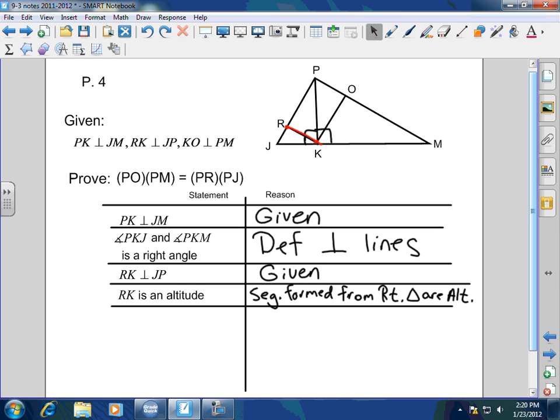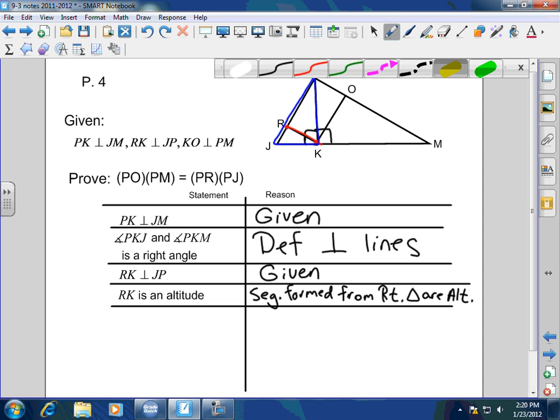Think about this. Look at this whole triangle here. Thank you, whoever said PK. Isn't PK shared for JKP and for PRK?